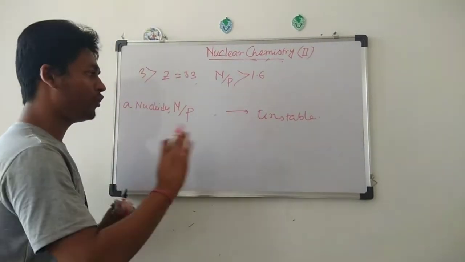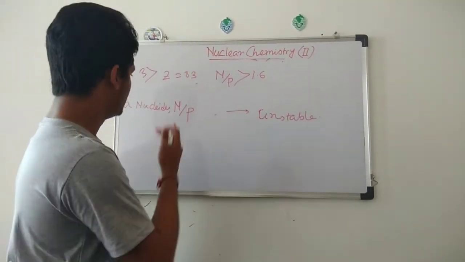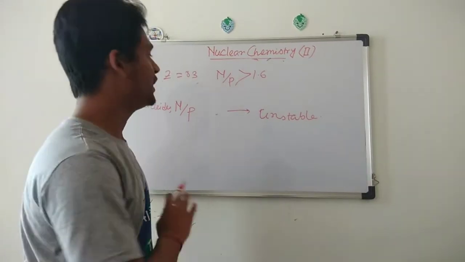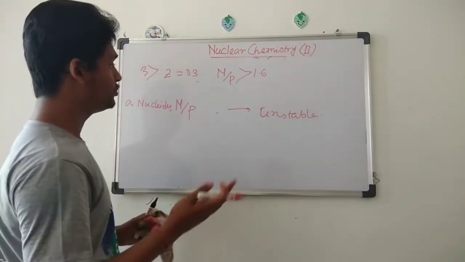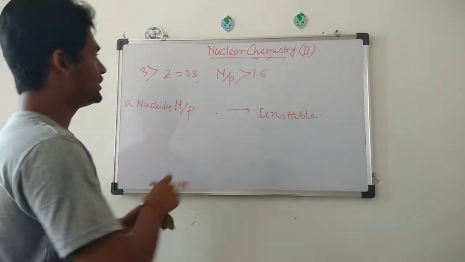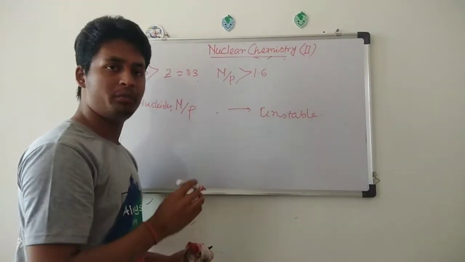If it is less than that or above that, it will be unstable and it will do something to get that N by P ratio back. So these are the main points of the N by P ratio.